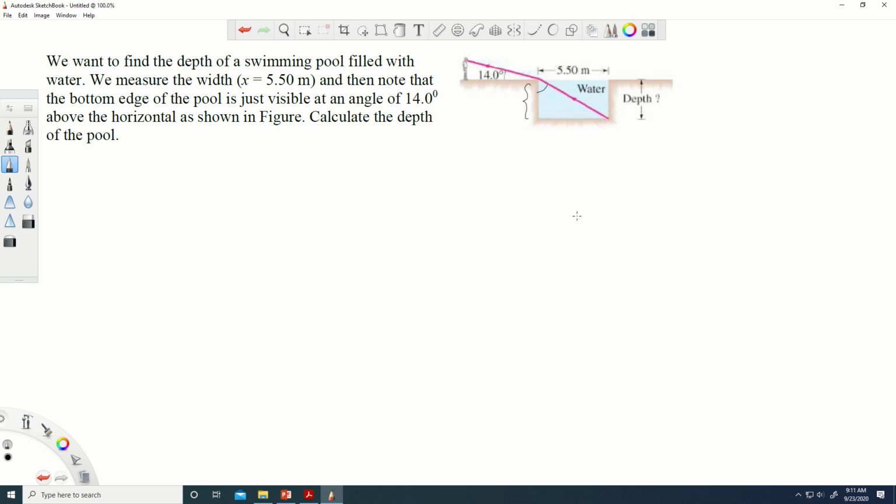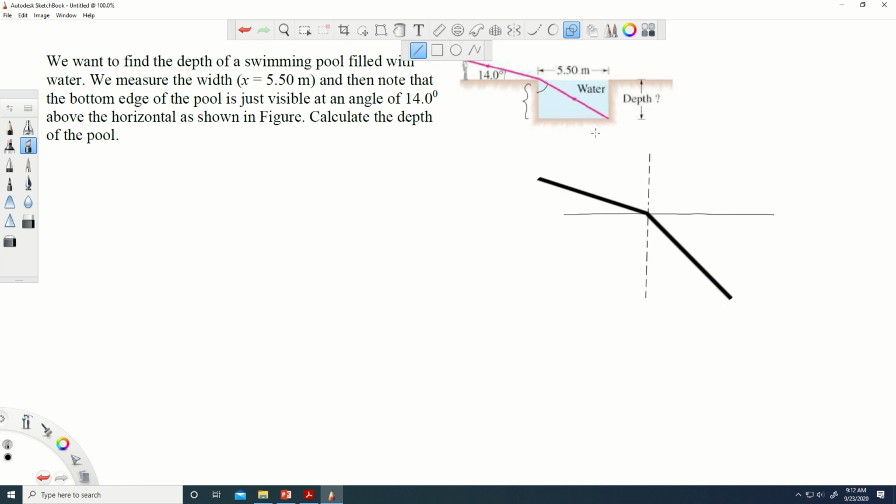So if we use Snell's law on the surface of water, that's the water surface, and let's draw a normal. So that's the normal, and I'll use a dashed line for the normal. And we have this incident ray, and we have this refracted ray.